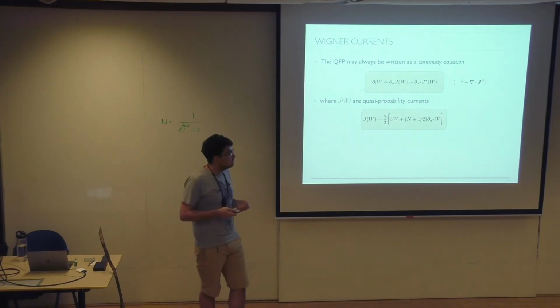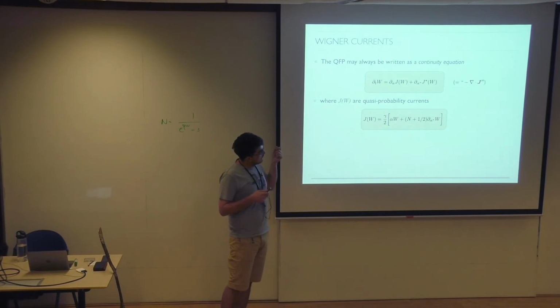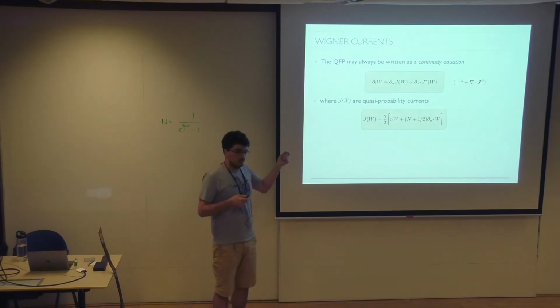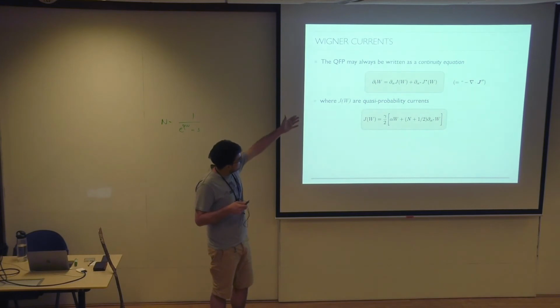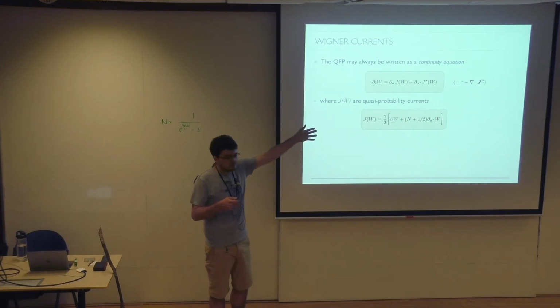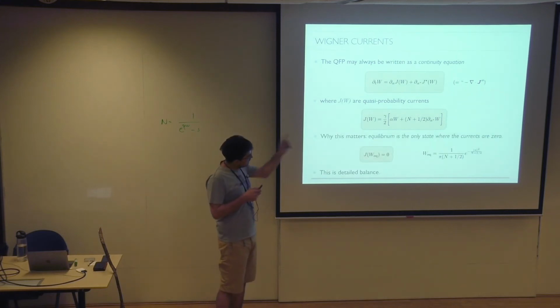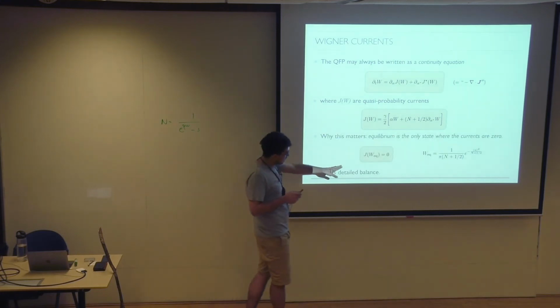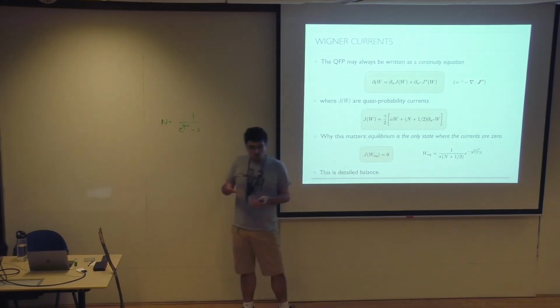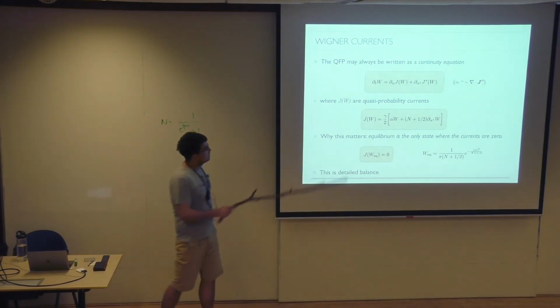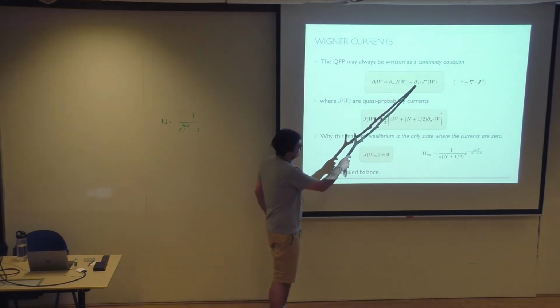And this is even more meaningful because you can also look at the steady state of this differential equation, or the state where d/dt, where the right-hand side, is essentially 0. And what you find is that not only is the right-hand side 0, but in fact, the currents themselves are 0. So it's a stronger result. You could have a steady state where d alpha of this plus d alpha of this is 0.